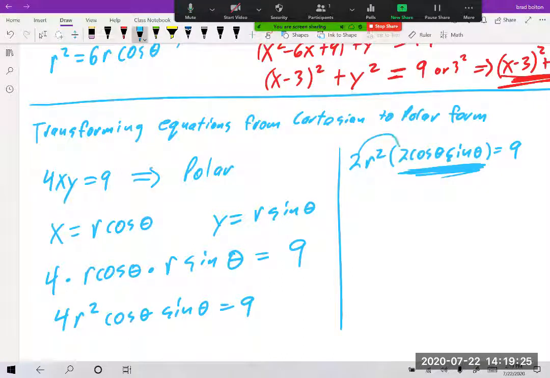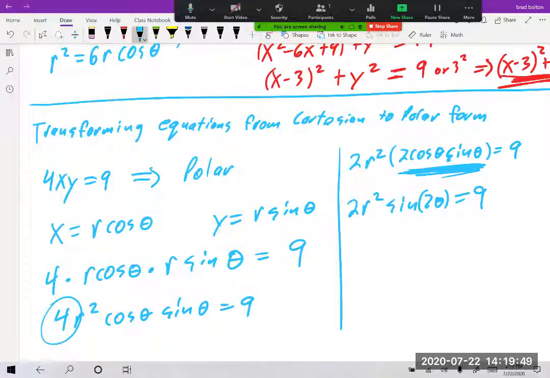Because 2 times 2 is still 4, so I'm still dealing with the same 4 that I had right here. But now I have the double angle. So this is 2r squared times sine 2 theta equals 9. So we have 2r squared sine 2 theta equals 9.